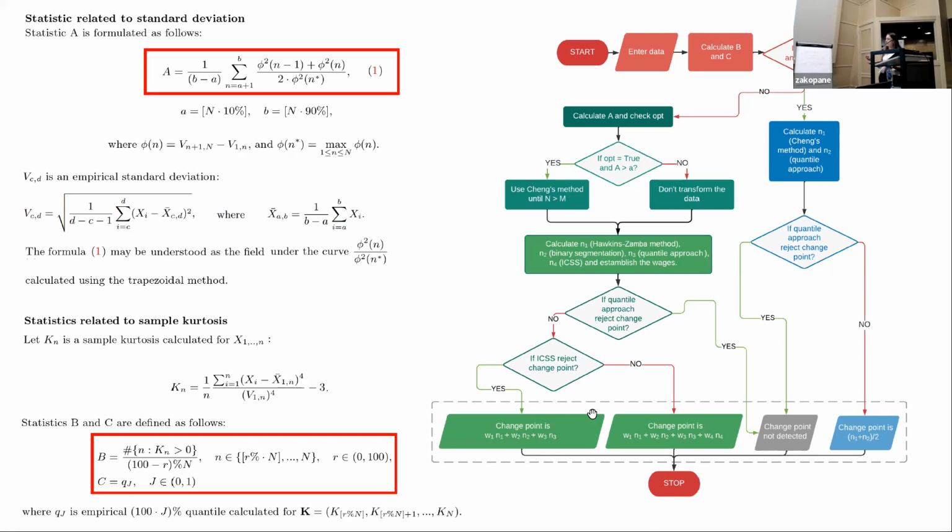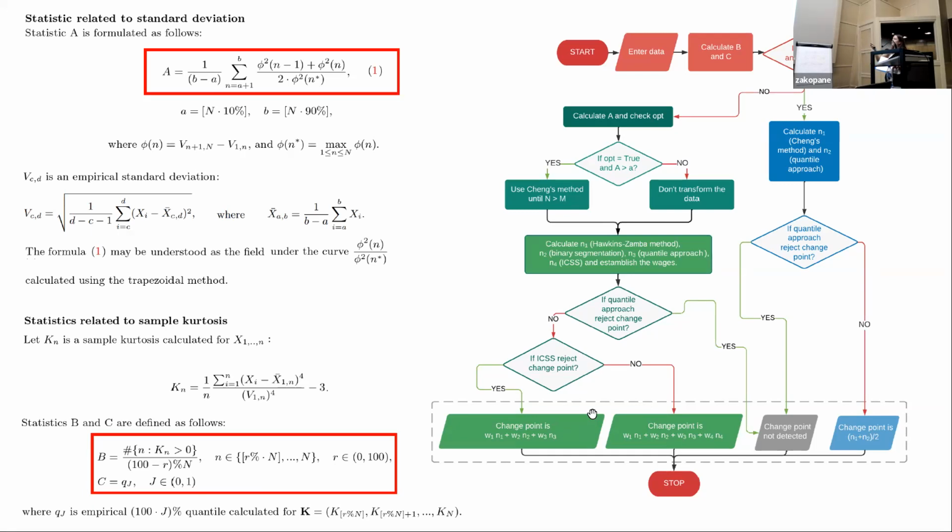In general, we use one statistic A, which is connected with the standard deviations ratio in the separate segments. Moreover, we use statistics B and C, which are connected with the empirical kurtosis in these two separate segments. The algorithm starts by calculating these two statistics connected with kurtosis, and based on them we decide whether the data behave like platykurtic distributed data or not.